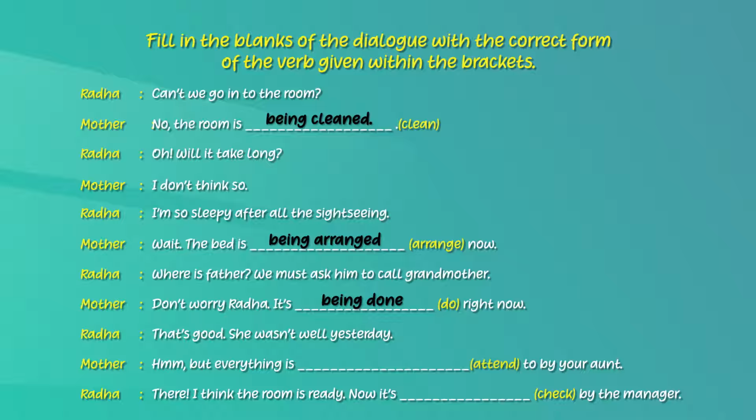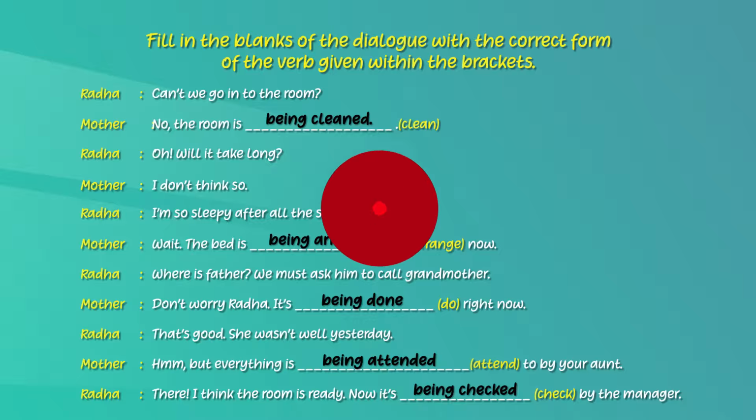But everything is being attended to by your aunt. Attend to, being attended to. Okay, last one. Radha says, there, I think the room is ready. Now it's being checked by the manager. I hope you got all the answers correct.